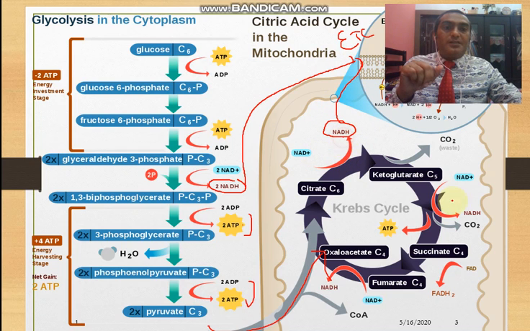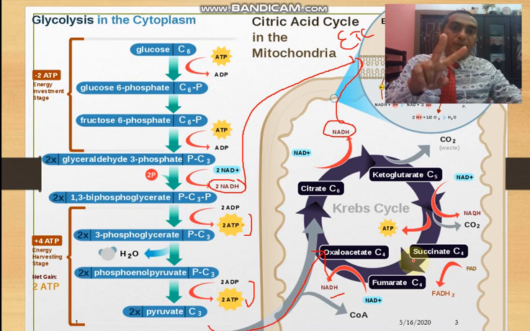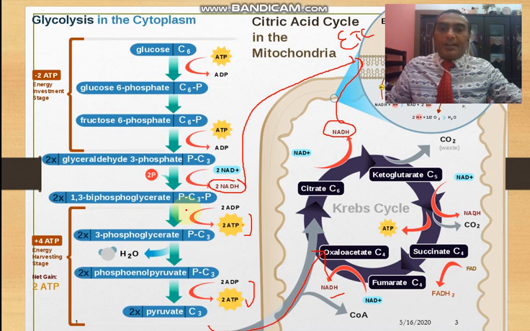You can see here, it produces 3 NADH, 1, 2, and 3 NADH from one pyruvate breakdown. 2 pyruvates break down and produce 6 NADH from 2 Krebs cycles.